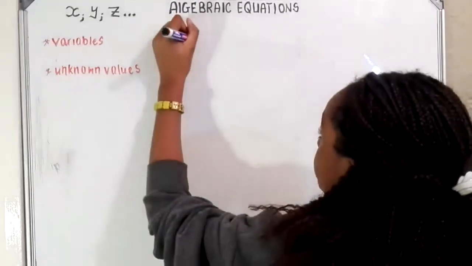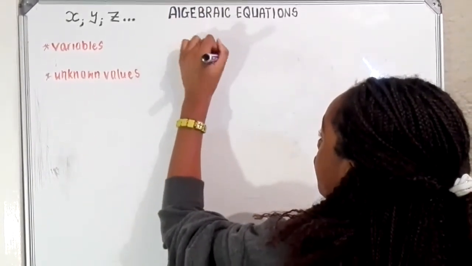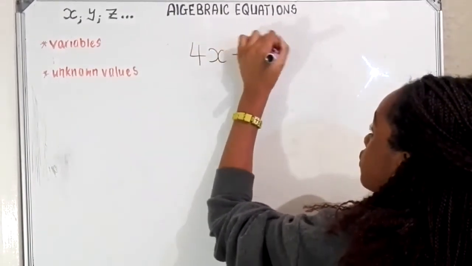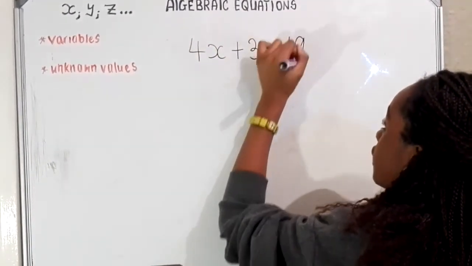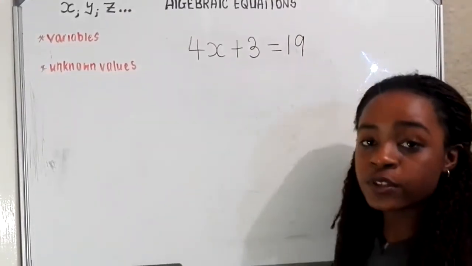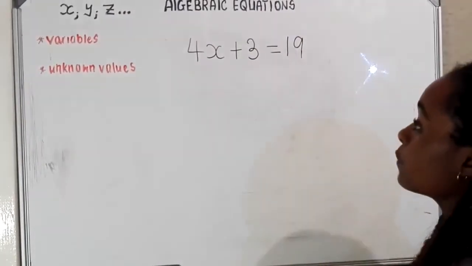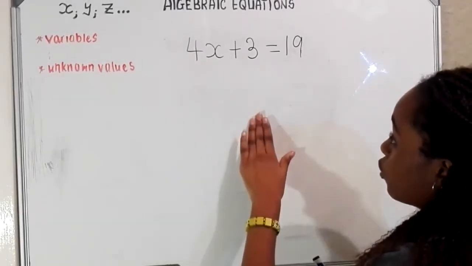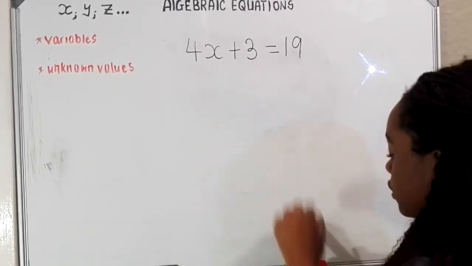Okay, here's another one. Say we have 4x plus 3 is equal to 19, okay? Feel free to pause this video and try this exercise, okay? So this is just similar to the previous one. We want x on its own, and to do that, I'm going to start with the 3.